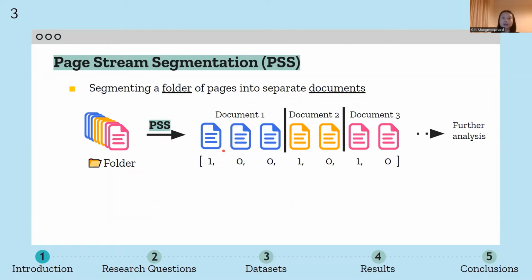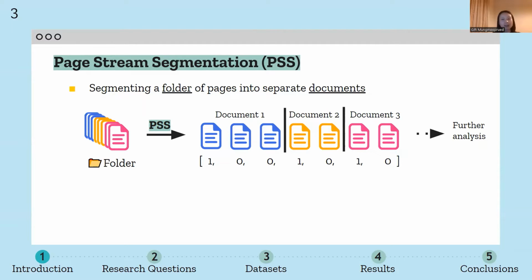This leads to the task called page stream segmentation, or PSS. Basically, if we have a bunch of pages, which we call a folder, we will train a model to segment this folder into separate documents as shown here. We are under the assumption that the pages are sorted, so there are no pages from different documents interlacing each other. In order to segment a folder, the model must specify the location of the breaking points.